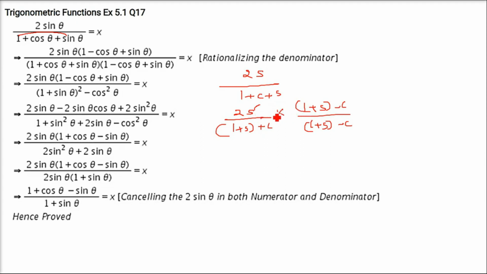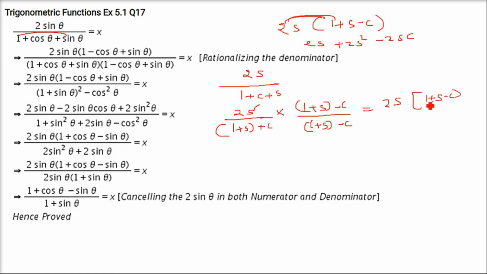Numerator I am taking 2 sin, and now (1 plus sin minus cos). You get 2 sin theta, then plus 2 sin square theta and minus 2 sin theta cos theta. This is the numerator. And you don't have to multiply the denominator. Just leave it like this because it is going to cancel.